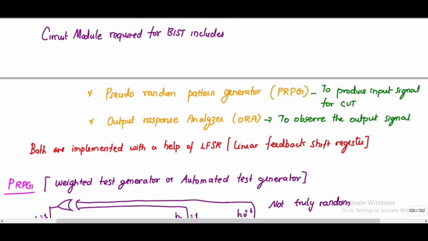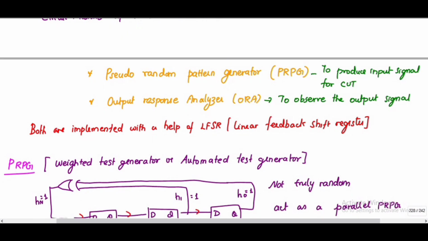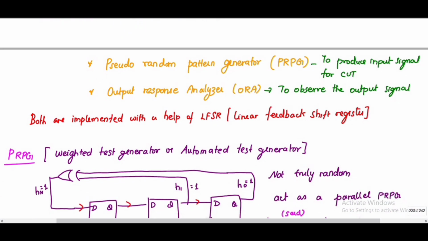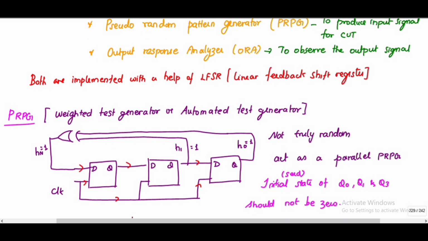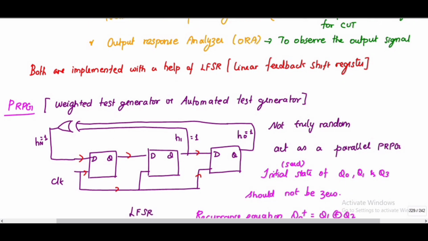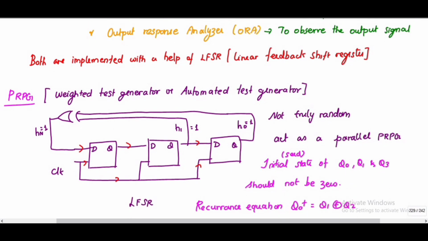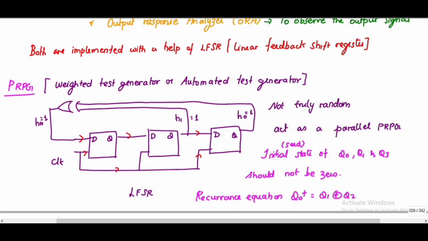Both use LFSR, that is, linear feedback shift registers. First, let us discuss PRPG. It is also called a weighted test generator or automated test generator. It is called pseudo random because it is not truly a random signal.